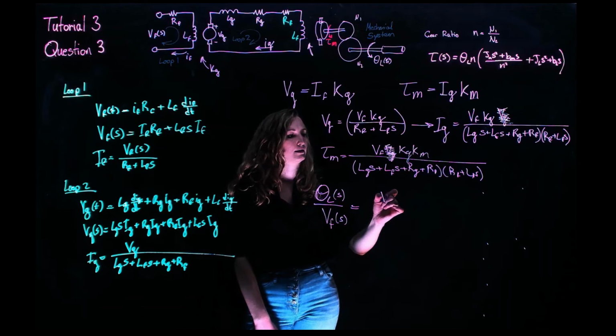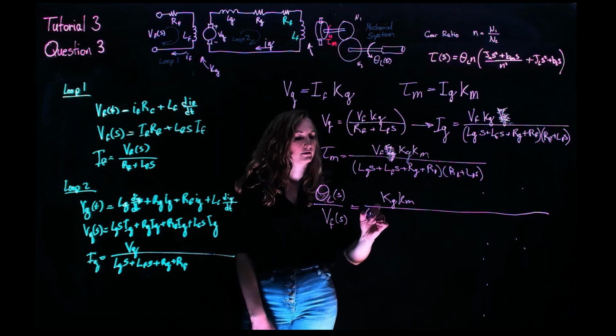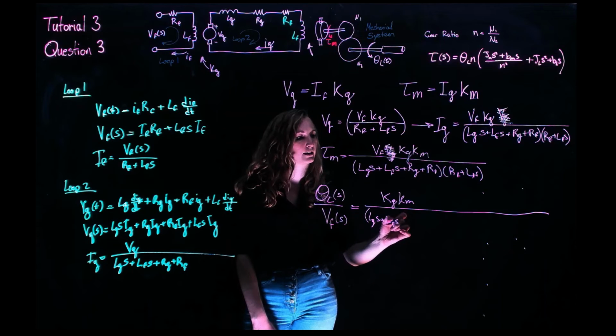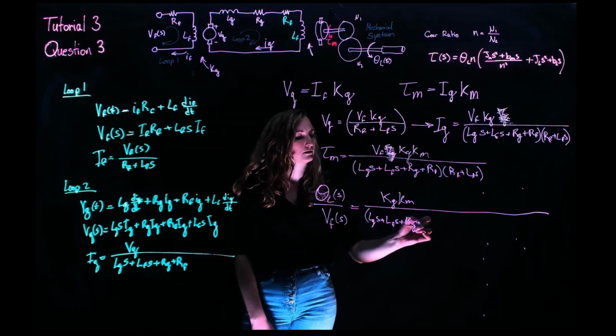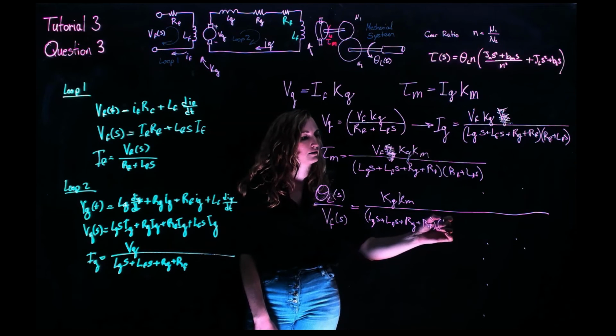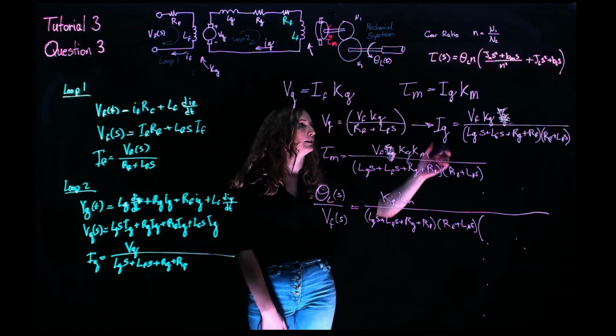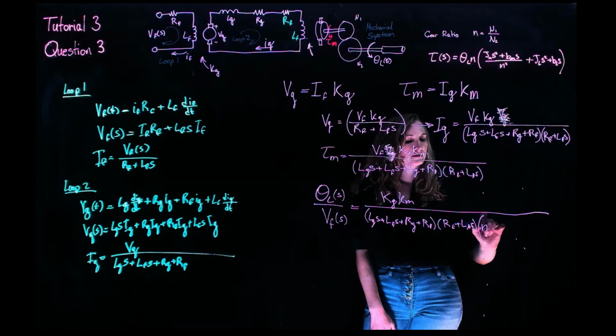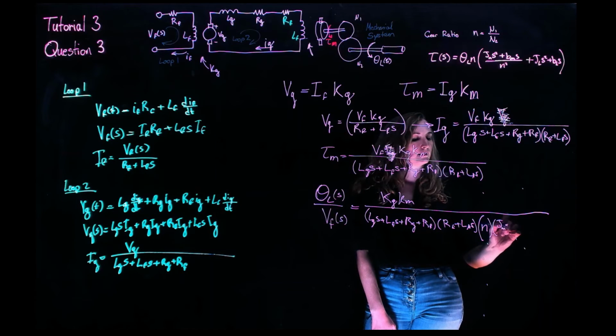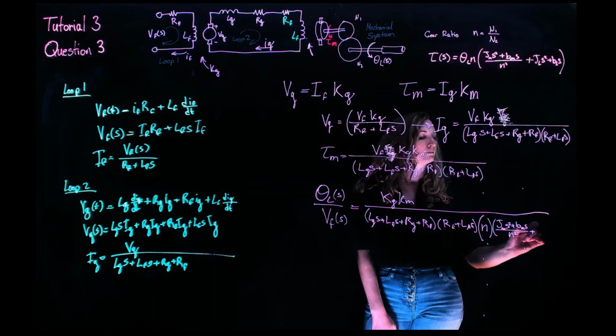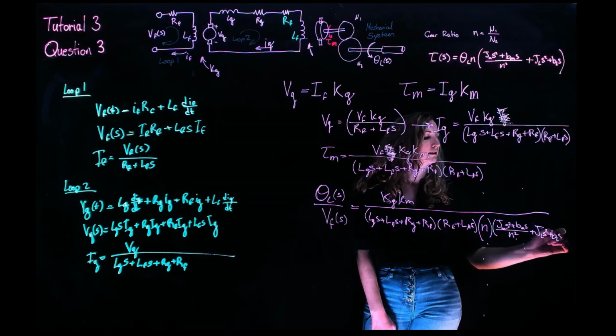So here we will have kg, km over top of lgs plus lfs, rg rf, rf lf, and then multiplied by n and get j s squared plus b s over n squared plus j l s squared plus b l s.